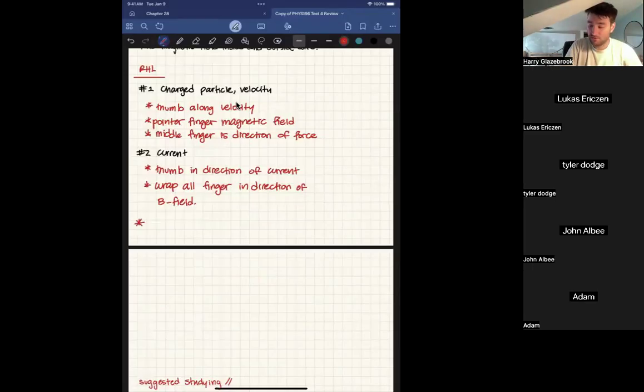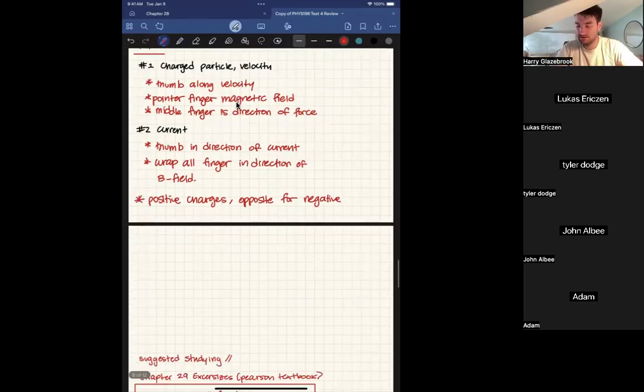Everything we described is for positive charges. It'll be opposite for negative charges. When I say opposite, I should explain that. You're still going to put your thumb along the velocity, but the direction of the force is going to be flipped.